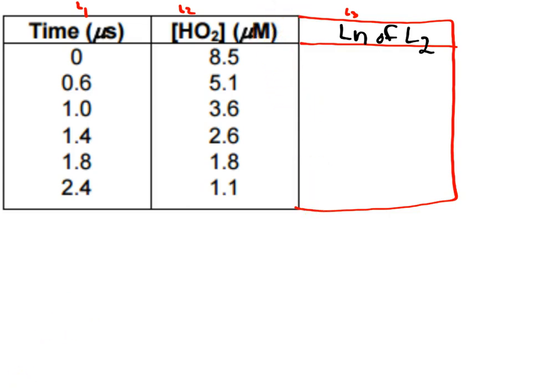Next thing that you need to do is you go over to L3 and you're going to define L3 as a function. And you're going to take the ln of L2. So you make sure you're on the top of L3 and L3 is highlighted, and then you just type in the ln, and then to select L2 you hit second, 2.